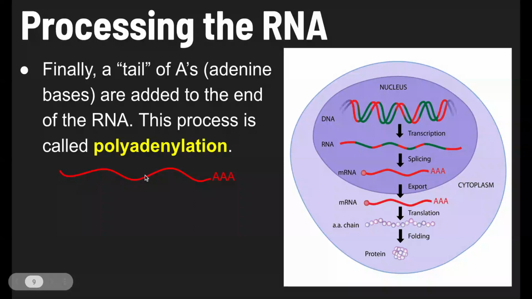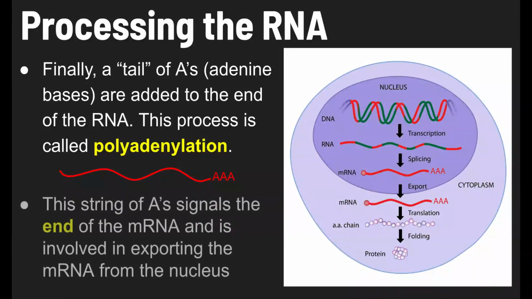This would be my strand of RNA, and at the very end, we're going to add a whole lot more than just 3. There's going to be a whole lot of A's here at the end. That string of A's signals the end of the mRNA, and the string of A's are actually involved in exporting the mRNA from the nucleus.